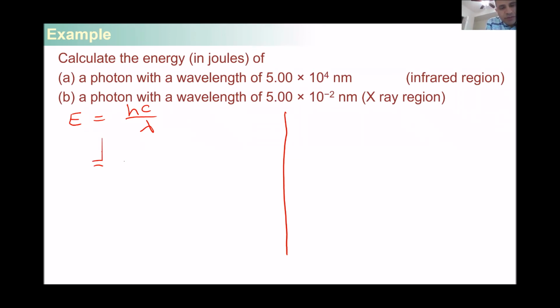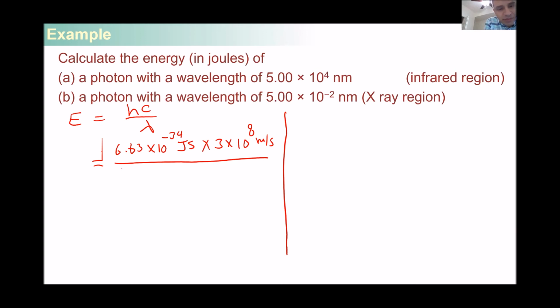So it's going to equal 6.63 times 10 to the negative 34 joule second, multiplied by 3 times 10 to the power 8 meter per second, divided by the wavelength, but it has to be converted to meters.